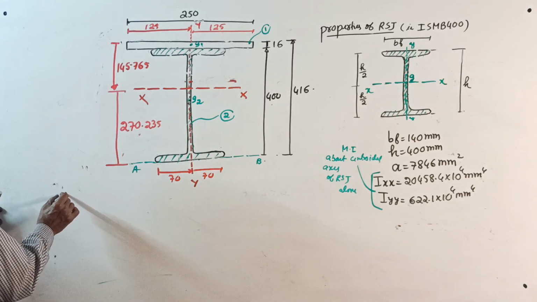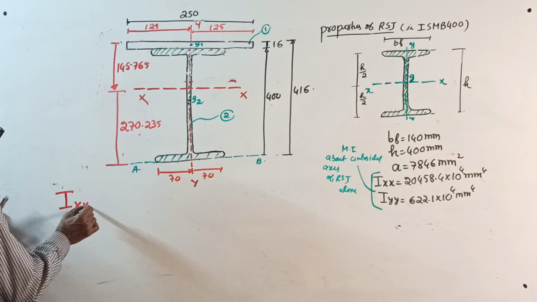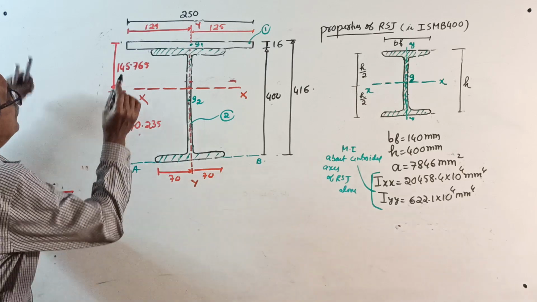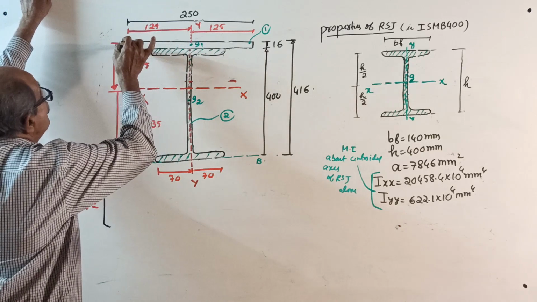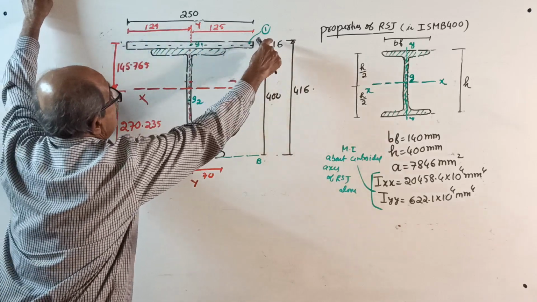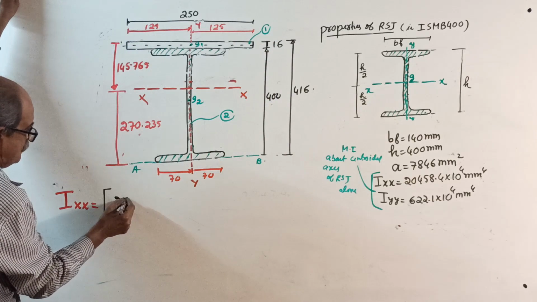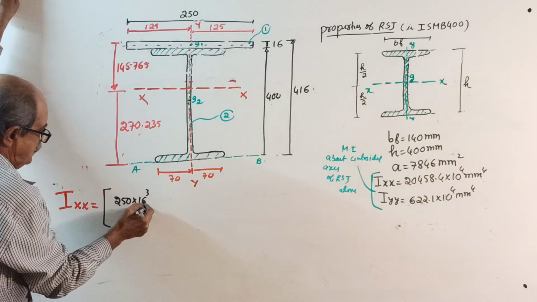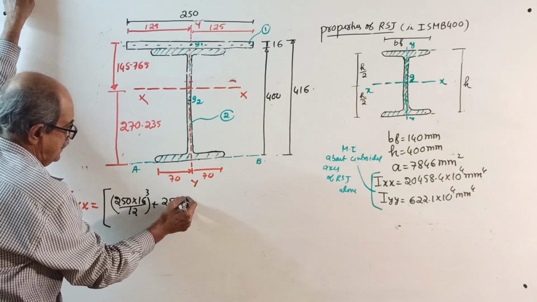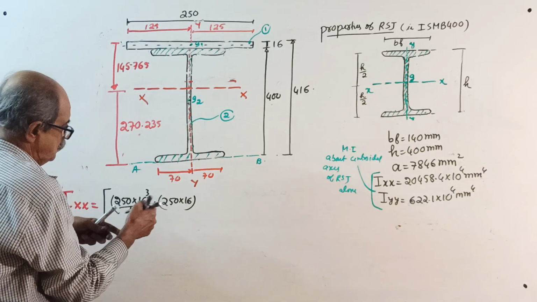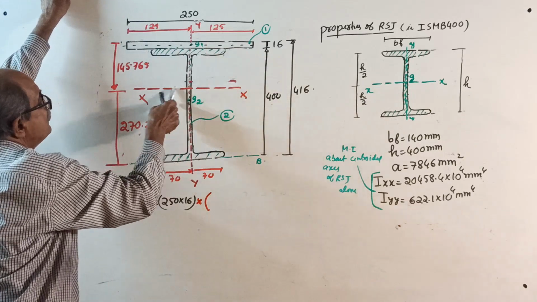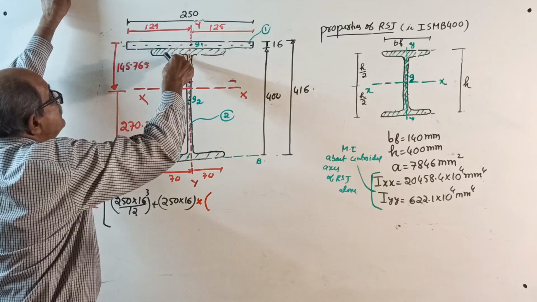Space is sufficient. I about x. Directly, see here, first I will do for the rectangle. I about its own centroidal axis parallel to x-axis: 250 into 16 cube by 12, which is Ig, plus area 250 into 16, into the distance from centroid G1 to xx squared.